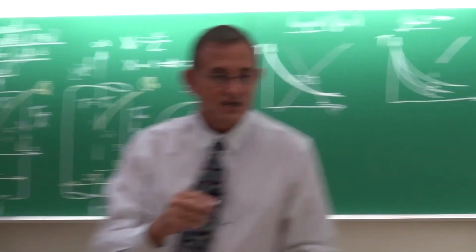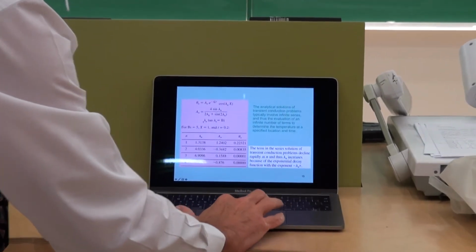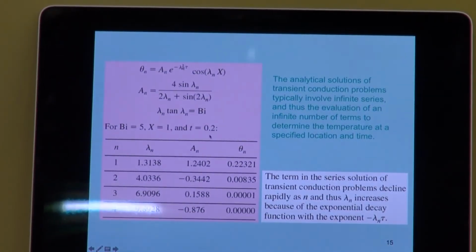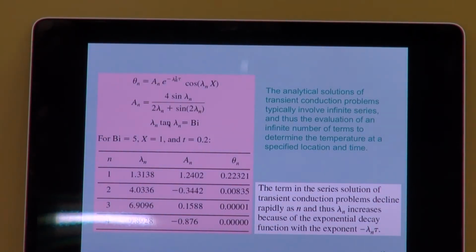Okay. So this is the solution for the temperature on the surface, and the time tau is equal to 0.2. If we put it into these equations now and solve it, then you would see that if n is equal to 1, then lambda n is equal to 1.3138. I'm going to show you just now where you're going to get it.